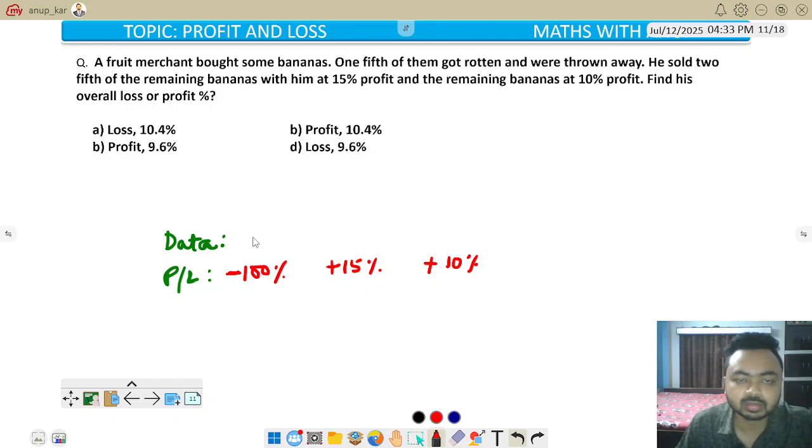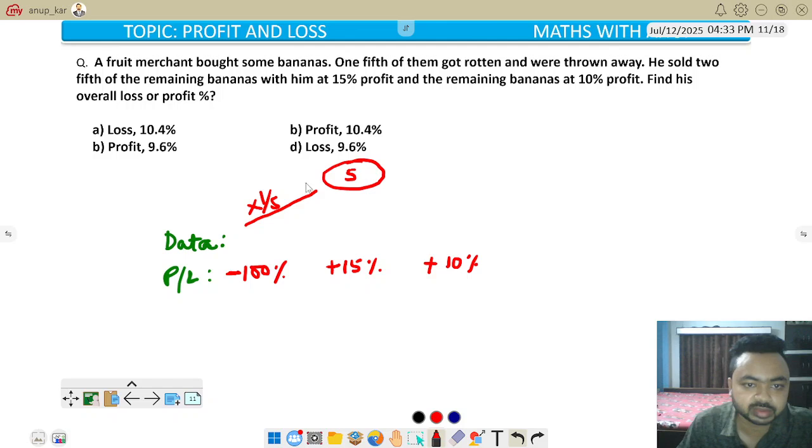So 1/5 of them got rotten. No more data is given, so we will consider the value as 5. So 1/5 into 5 means here it will be 1. He sold 2/5 of the remaining bananas with him.